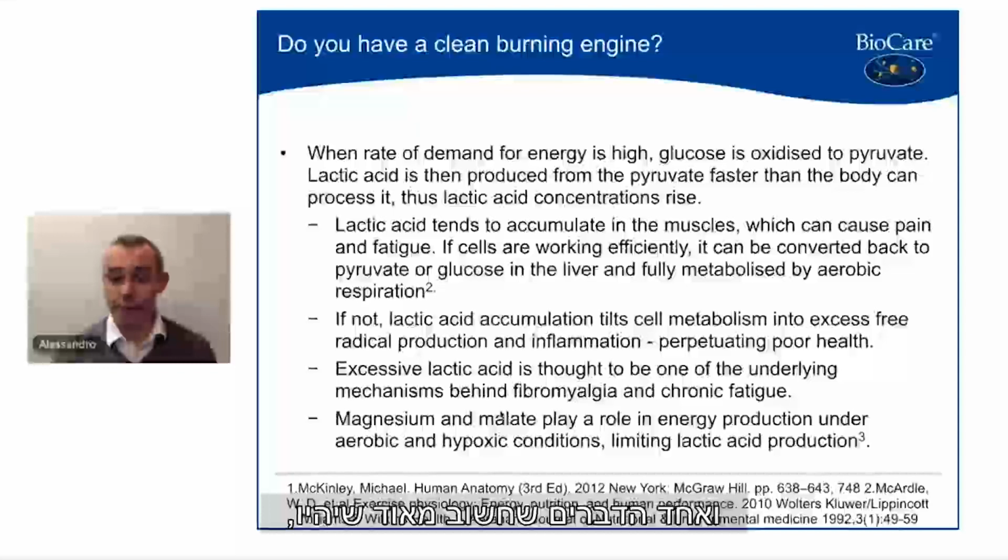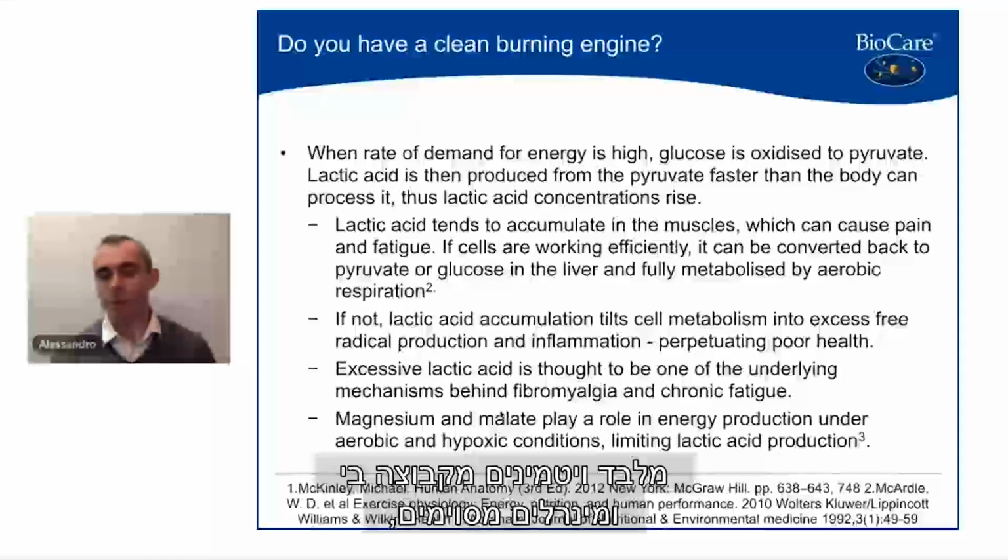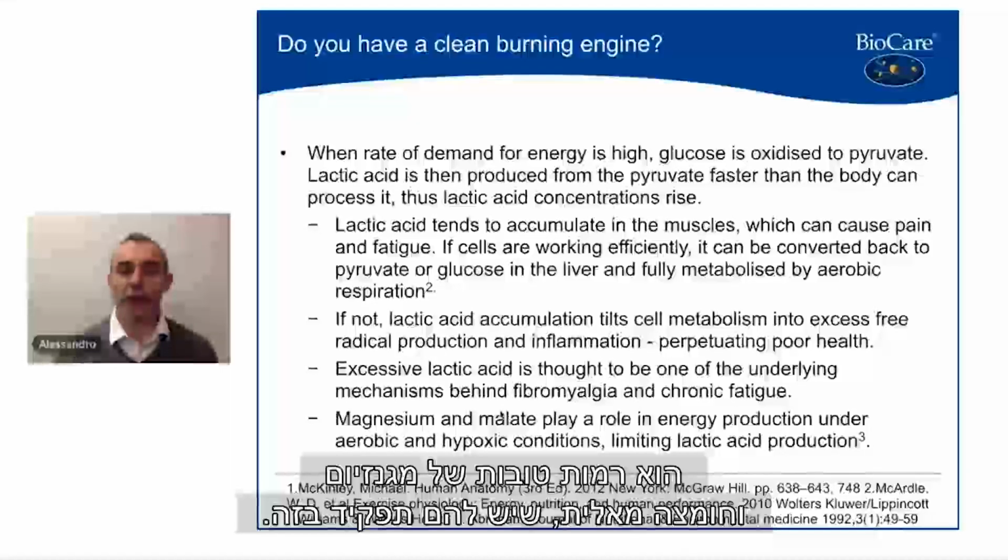And one of the things that you definitely want to make sure to have, on top of the usual B vitamins and certain minerals, is good levels of magnesium, and malic acid plays a role in this.